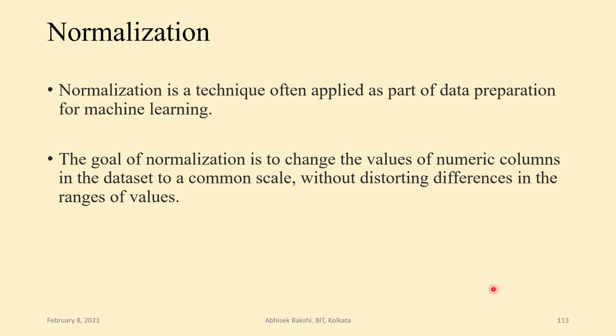Before you start your implementation, before you start your execution, you have to do it on your data set. And what is written? The goal of the normalization is to change the values of numeric columns in the dataset to a common scale without distorting differences in the range of values.